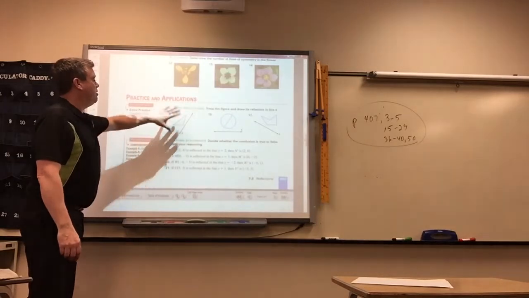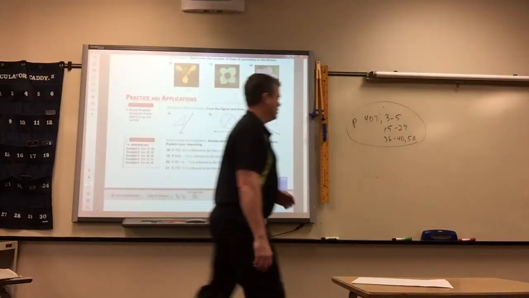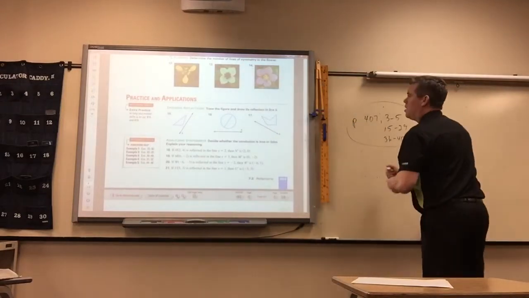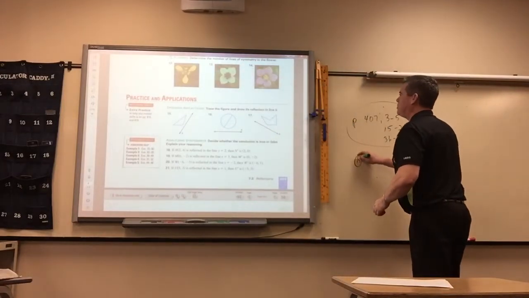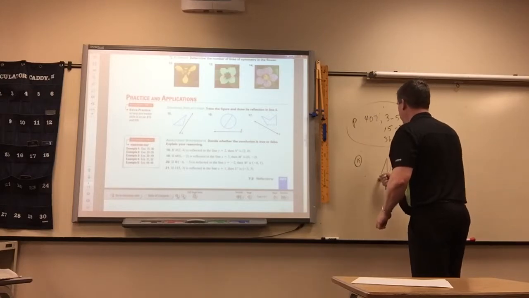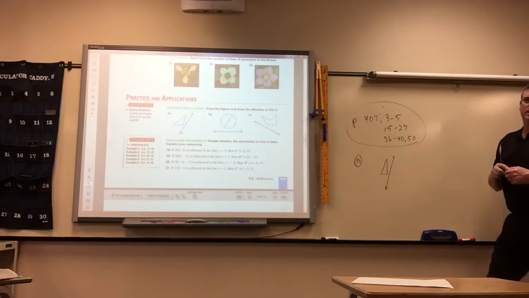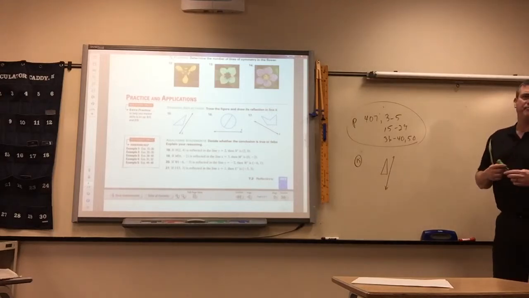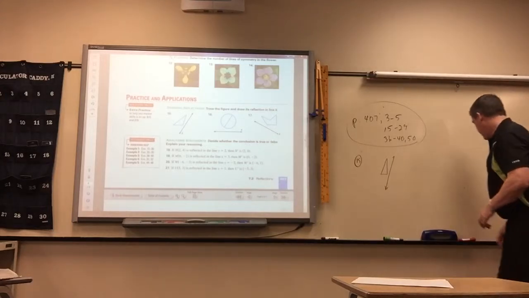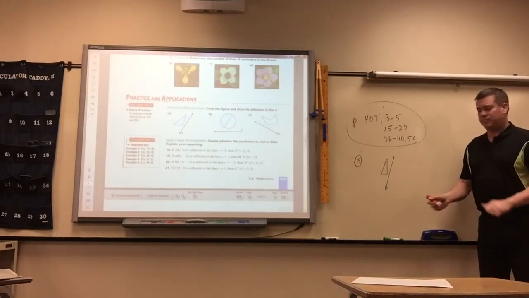Now, these are the 3 where you're gonna have to sketch yourself. So, you just have to draw it as best you can. And then remember, when you reflect, it doesn't just slide over.